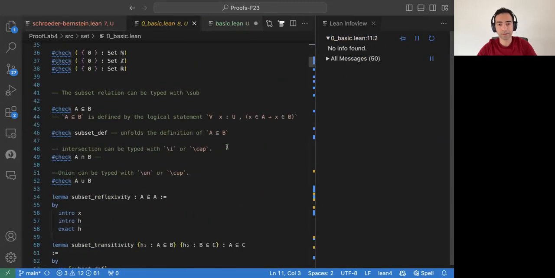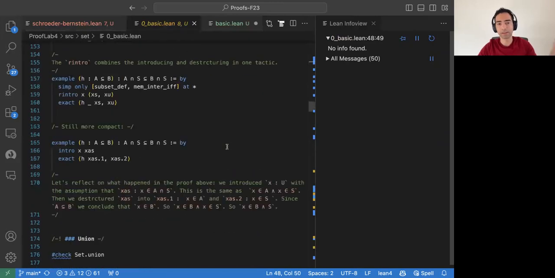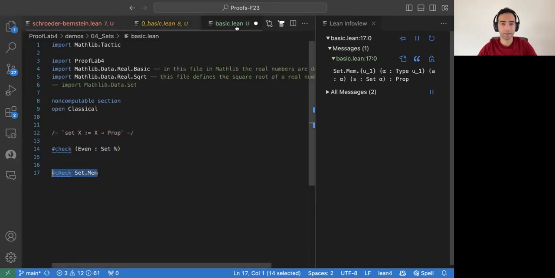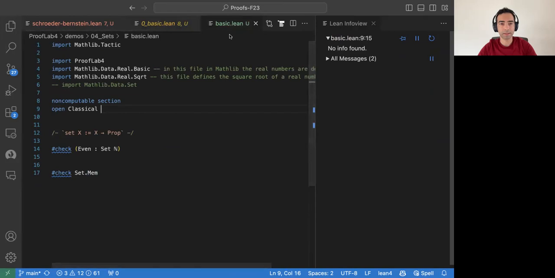So you have to go through this and understand what all this code and lemmas and theorems in here are. But essentially today I want to start a new file, going through some of this stuff as a demo. So here's the file, demo sets basic.